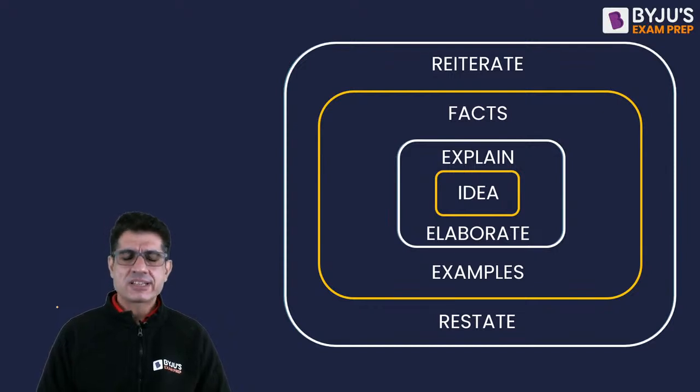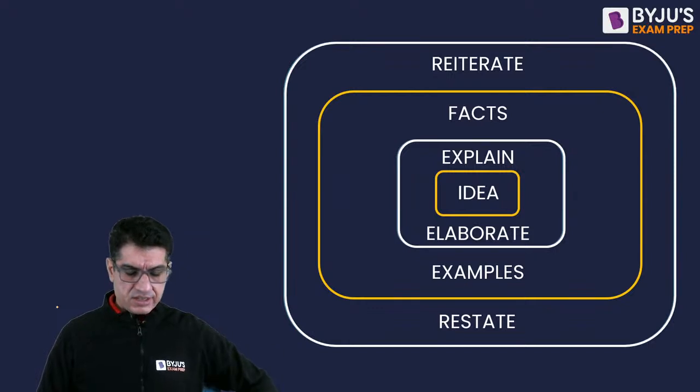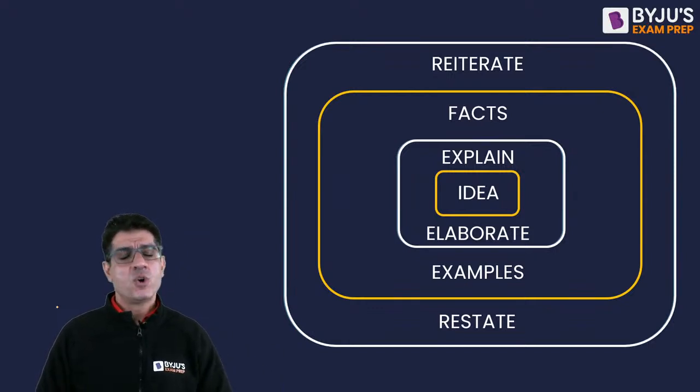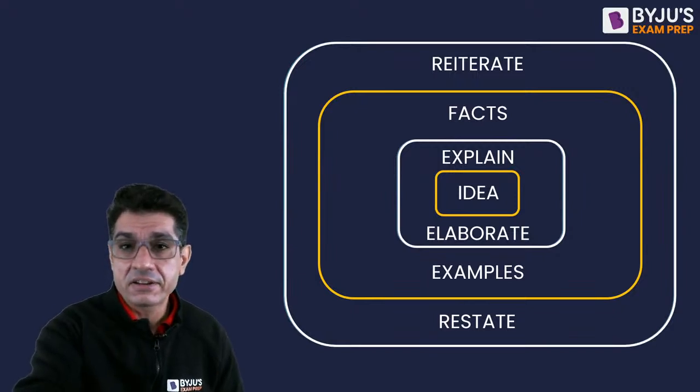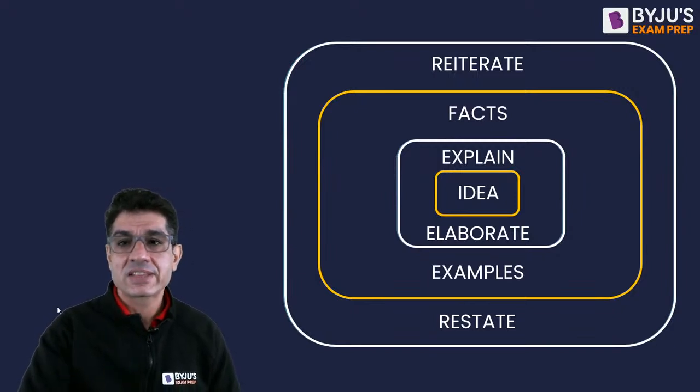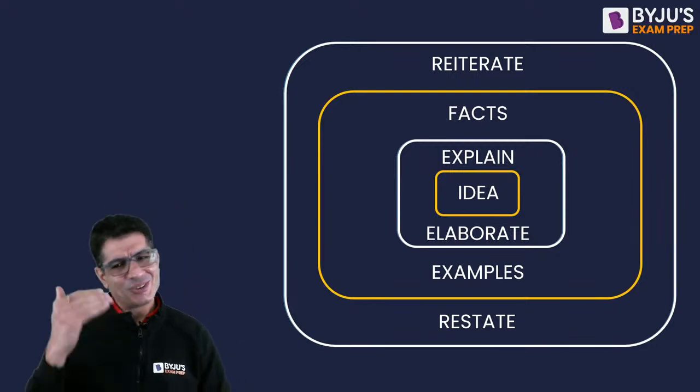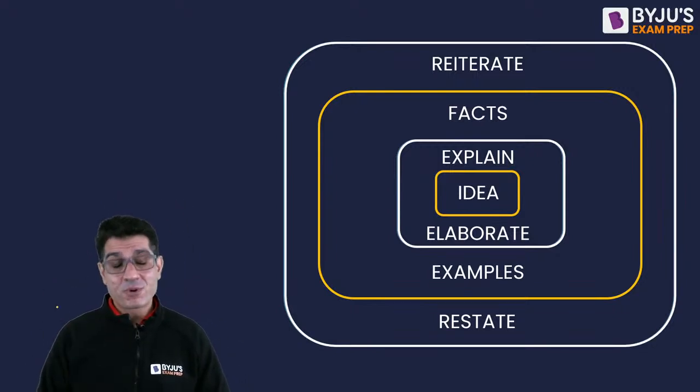And anybody who can deal with the ideas versus the packing material is, of course, going to do a fabulous job at identifying the right summary. So all that you need to do in terms of approach is read your entire paragraph carefully.